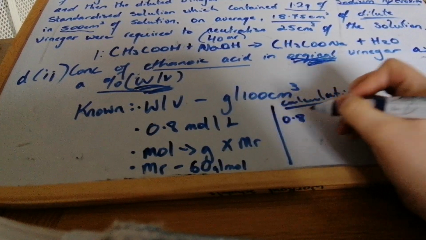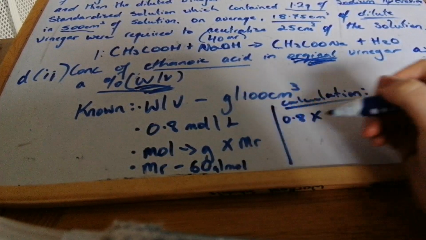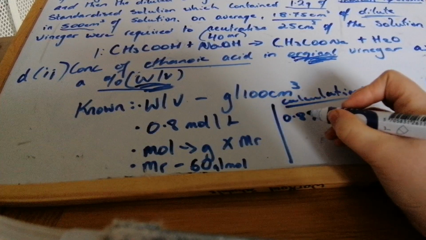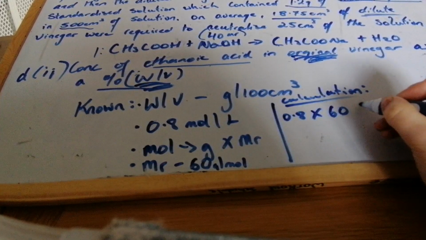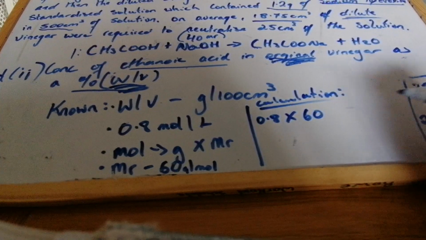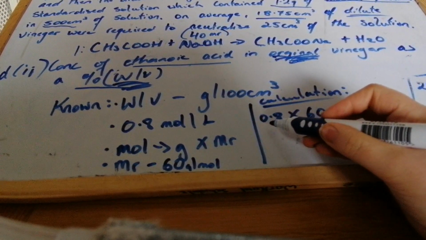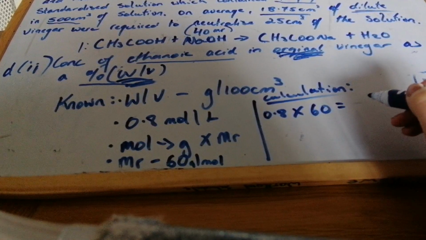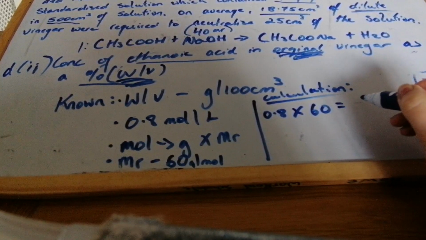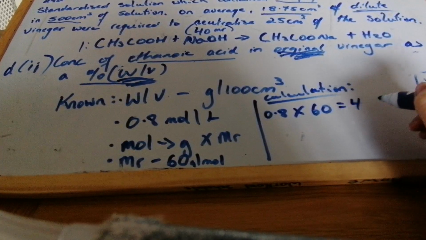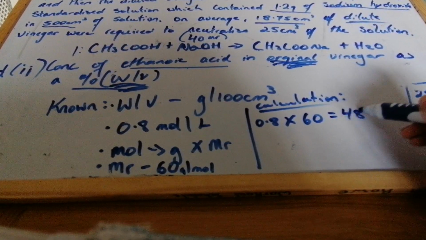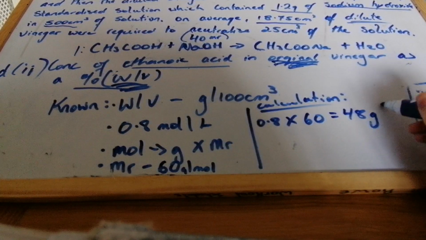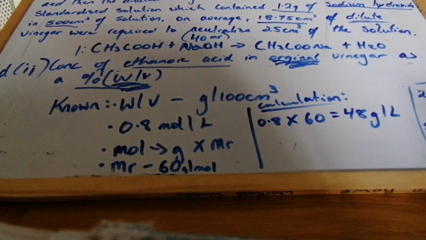So I have 0.8 multiplied by my molecular mass, which is 60. I can write in moles here and grams per mole there, but you know where I'm getting that information. So that is 0.8 multiplied by 60, which gave us 48.